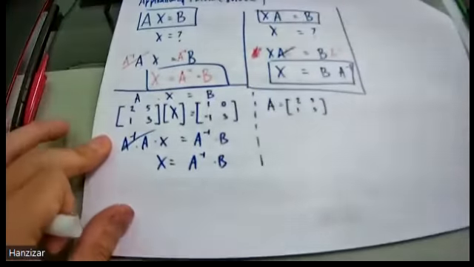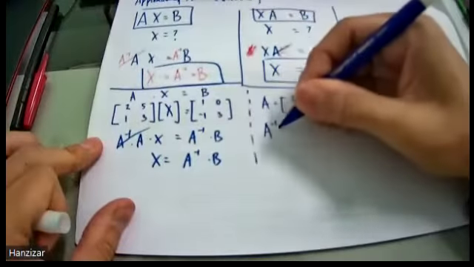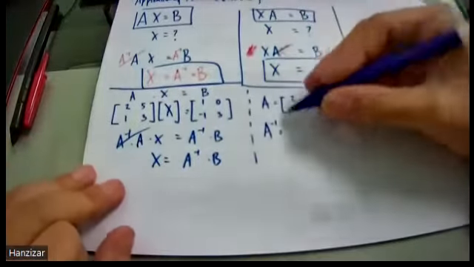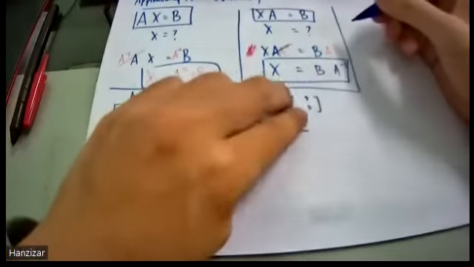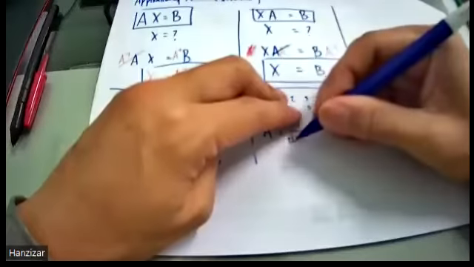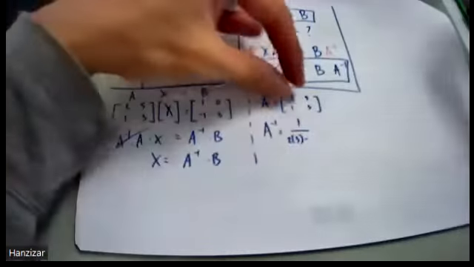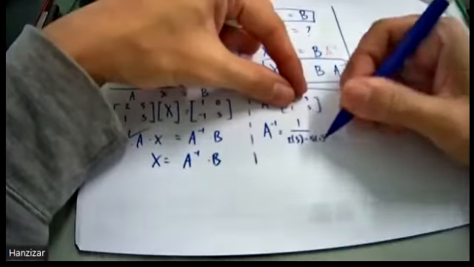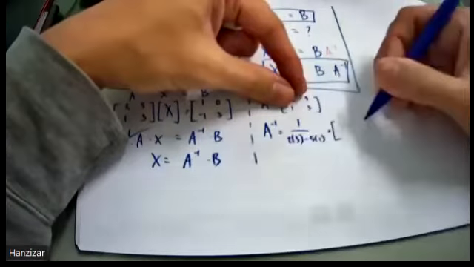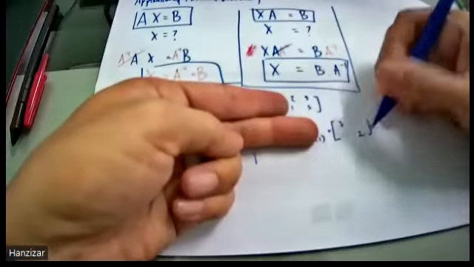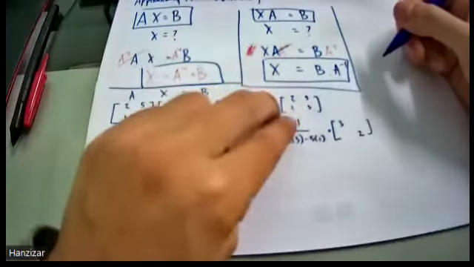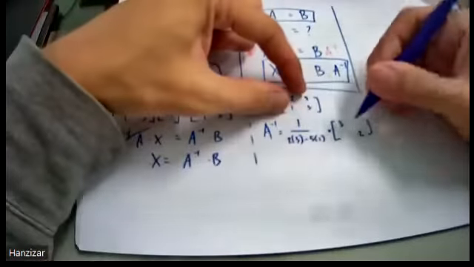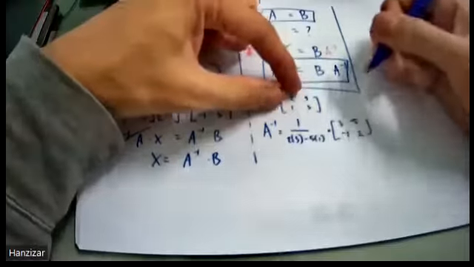So what is the first thing? Find the A inverse. The A inverse is 1 over the determinant, 2 times 3 subtract 5 times 1, times, you switch this position, 3 and 2, right? 2, 3 becomes 3, 2. 5, 1 becomes -5 and -1.